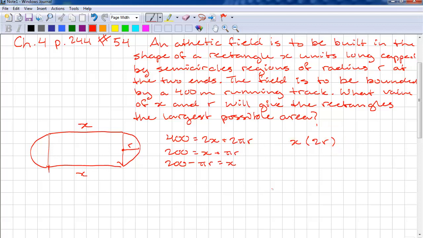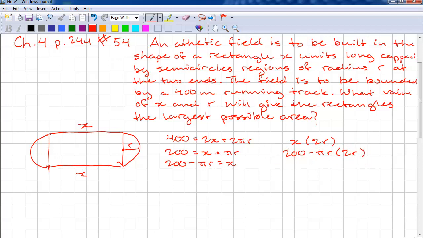And so we substitute our equation here into the area of the rectangle. So that would be 200 minus pi r times 2r.